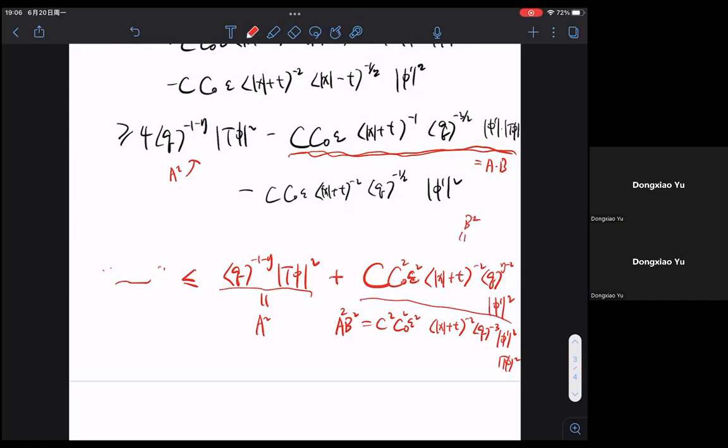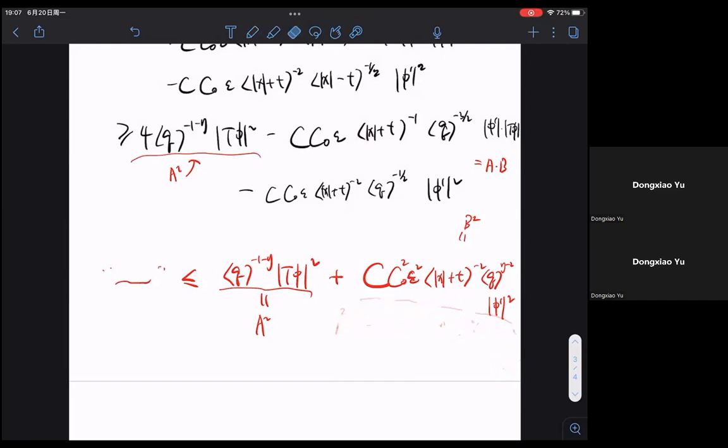Okay, so I can now split my second term in this inequality, this underlined part, into a sum of two things. The first thing is controlled by the first term in this estimate, and the second thing is something which would seem to be quite small.